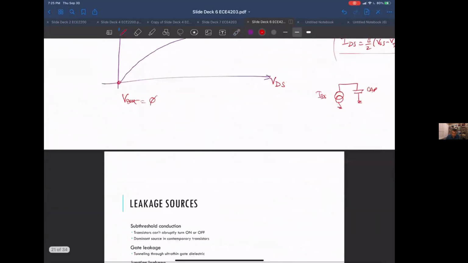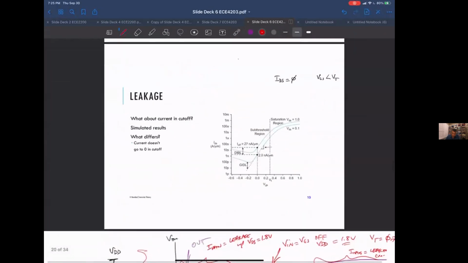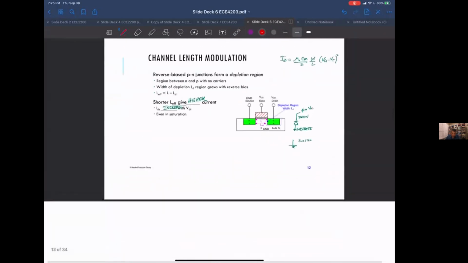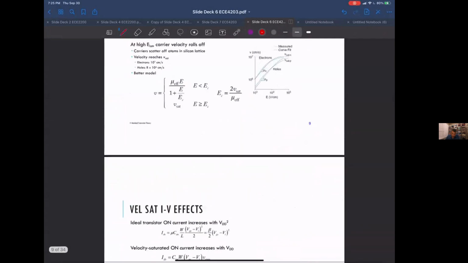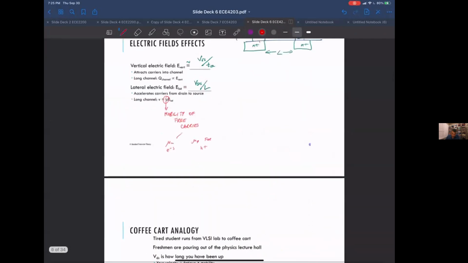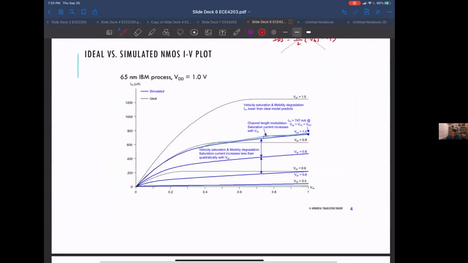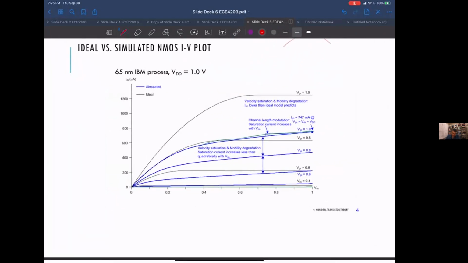So now, besides the leakage currents, look at the on currents for transistors. These are very rough numbers. But when we're talking about on currents, where's my on current? And this is just one example. Does it say what transistor size?